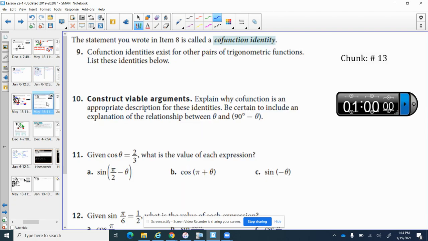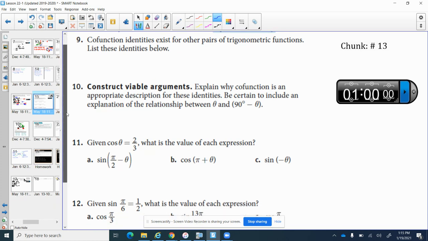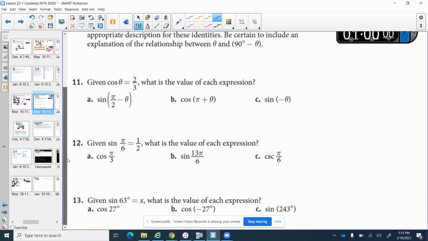All right, last groups of examples here. Let's look down at numbers 11 and 12. 9 and 10 were kind of covered on that last slide with writing those identities down. But we have here cosine being equal to 2 over 3. What would the expression have to be? And I really recommend here drawing yourself a picture that represents this.